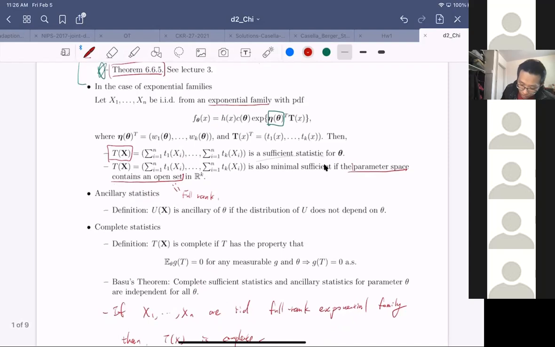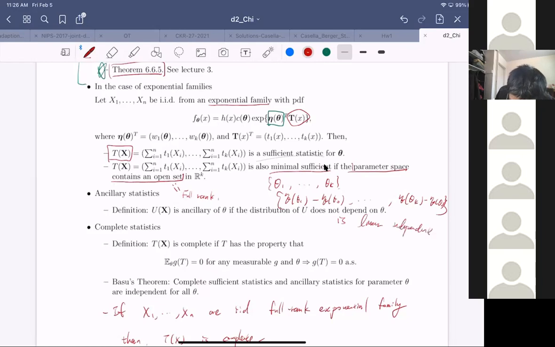And another sufficient condition for this T to be minimal sufficient is that you can find theta 1 to theta k, and you check that this is linearly independent.